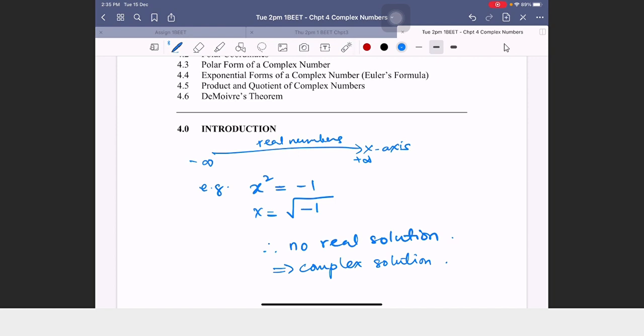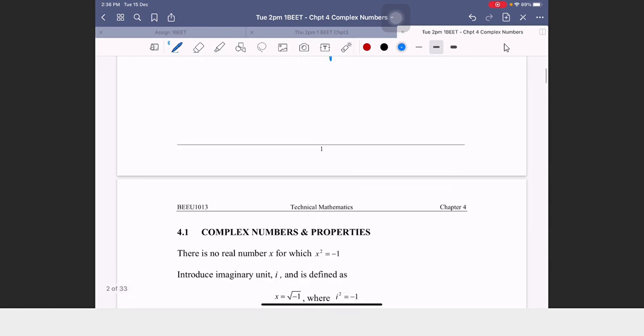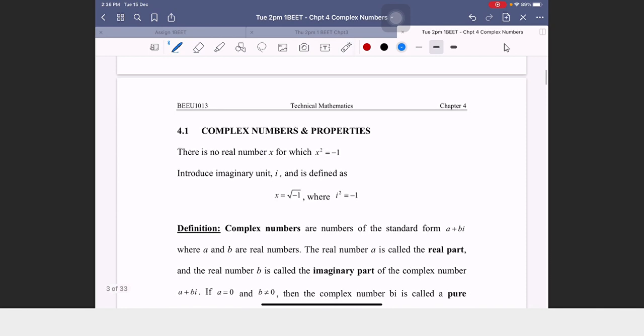So the mathematicians came up with this: x equals the square root of -1, and they call this the imaginary unit, or imaginary number.